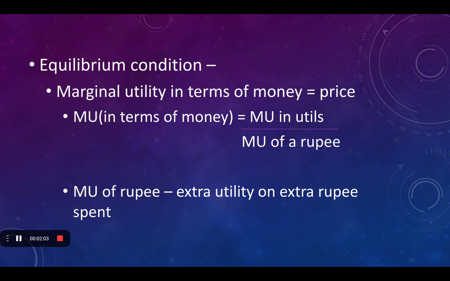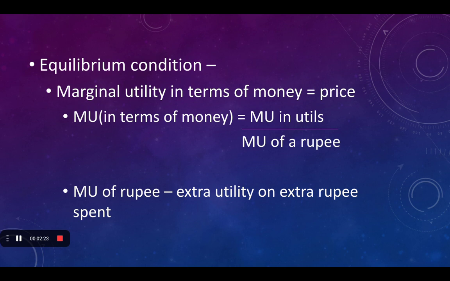The condition for the equilibrium to be achieved under single commodity case in cardinal utility analysis is the point where marginal utility in terms of money is equal to price of the commodity.